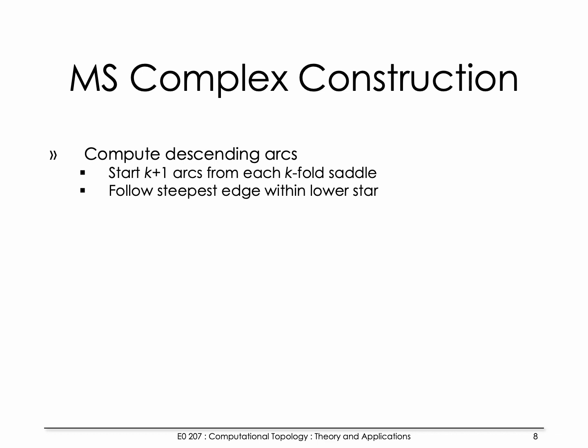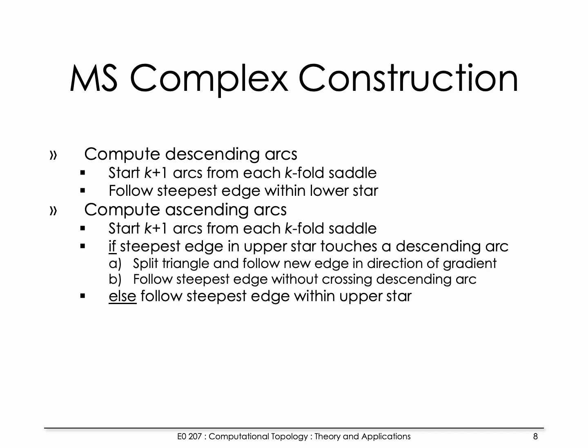You follow the steepest edge within the lower star to compute all the descending arcs. The ascending arcs, if you are to compute them in the second step, we need to be careful. We need to ensure that the ascending arcs do not intersect the descending arcs unless it is a transversal intersection at the critical points.